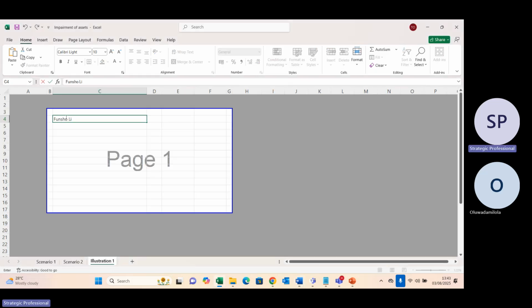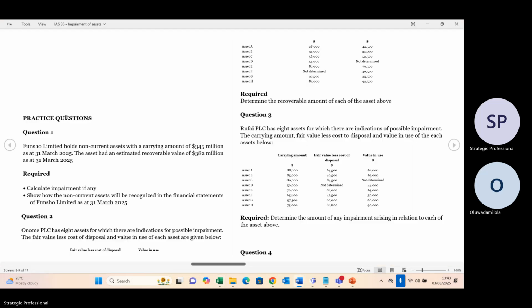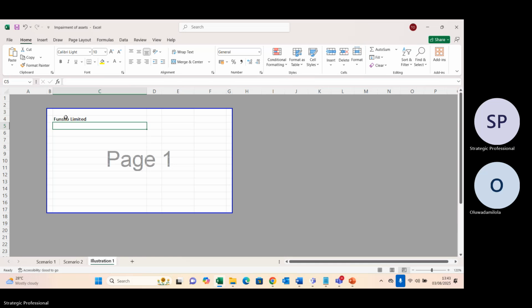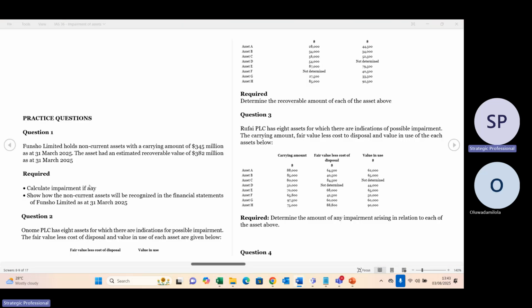Funsure Limited. They said calculate impairment loss, if any.